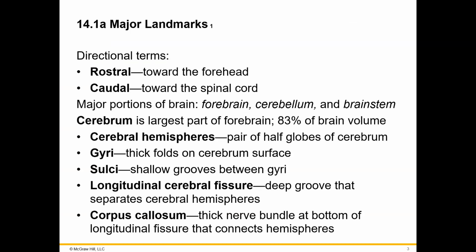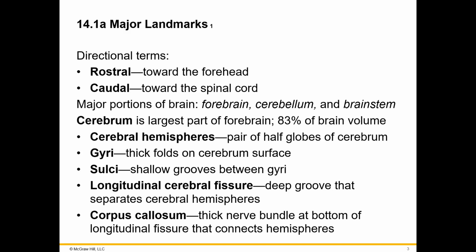So we have to get the directionality correct. Rostral means facing the nose, towards the nose. Caudal means toward the tail or the spinal cord. So the major portions of our brain are your forebrain.